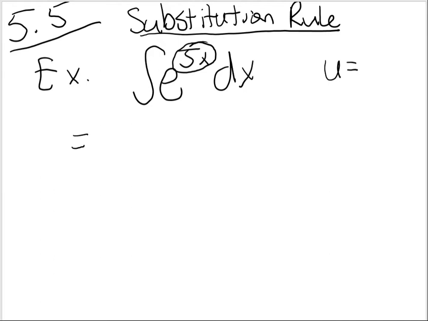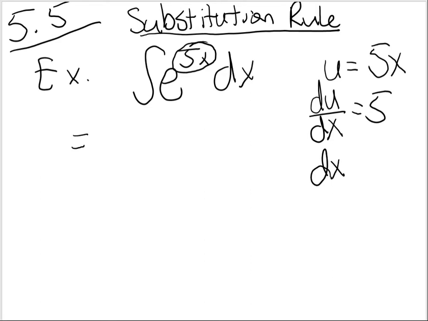So why don't I make my u be 5x? Take the derivative, and what do I get? 5. And then if I solve for dx, I get dx is going to be du over 5. And you can get that by multiplying dx to both sides and dividing by 5.